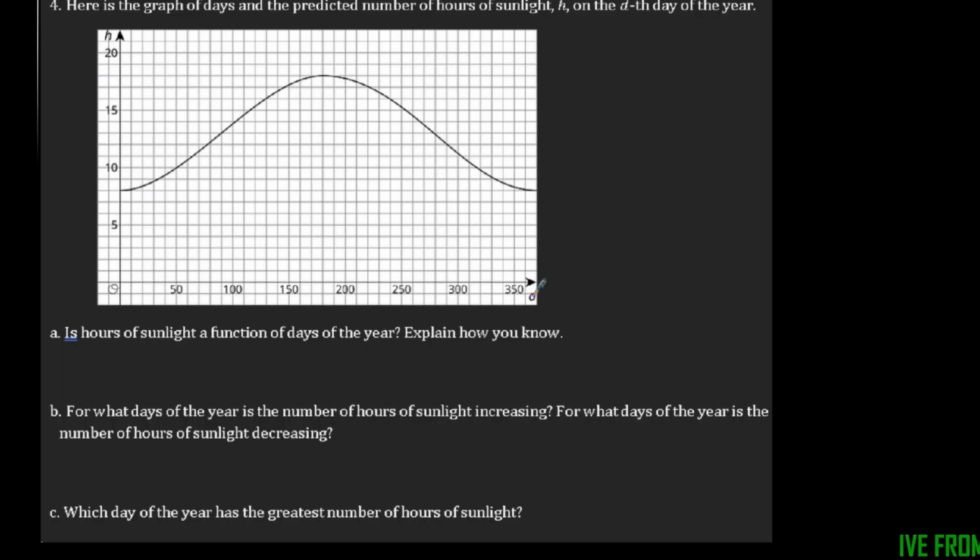Then for the next one, it says here is the graph of days and the predicted number of hours of sunlight H on the D fifth day of the year. So we're going to say for part A, it says, is hours of sunlight a function of days of the year? And how do you know?